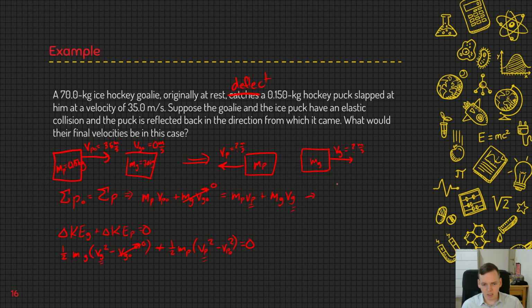So from this expression, we get that the velocity of the puck is equal to the mass of the puck times the initial velocity of the puck, minus the mass of the goalie times the final velocity of the goalie, divided by the mass of the puck. We'll plug that in down here.